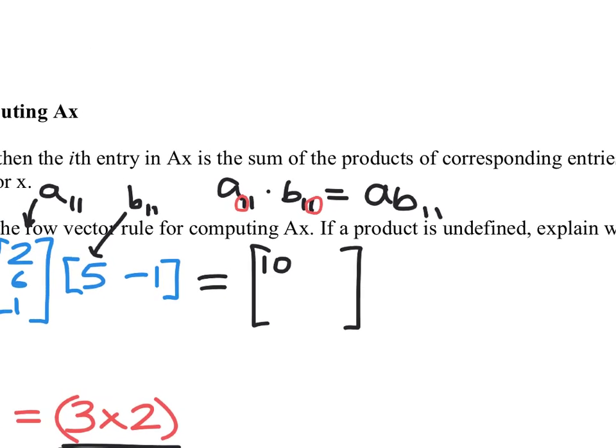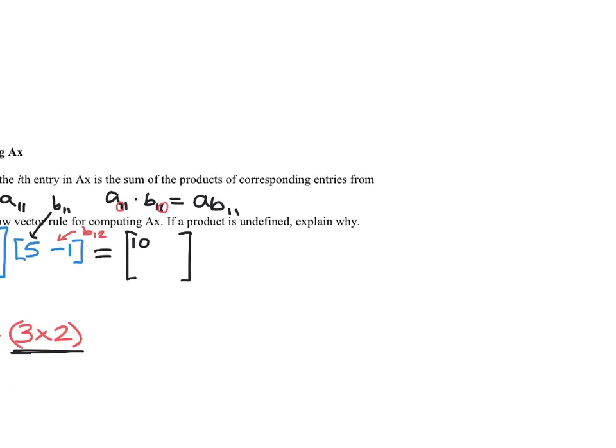It really doesn't matter where. This guy here is B sub 1,2. I can kill this, I don't need it anymore. We'd be looking at A sub 1,1 times B sub 1,2, which would give a result of AB sub 1,2.